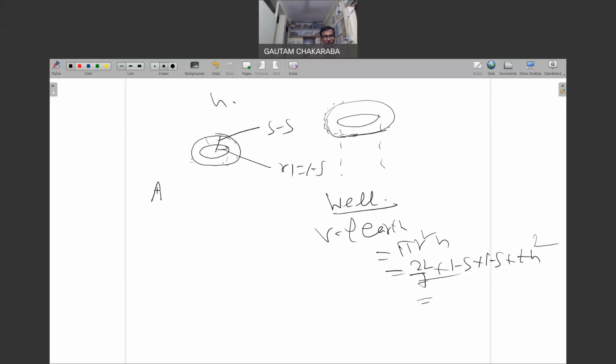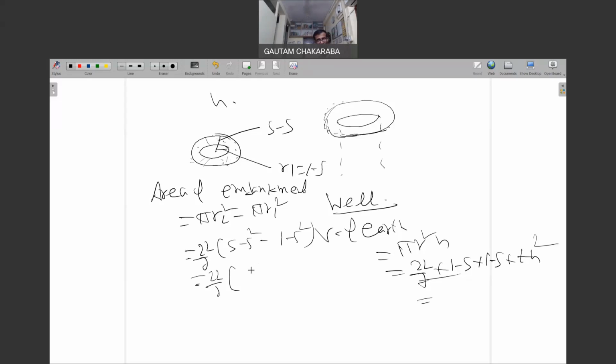At first find area of embankment. Pi R2 square minus pi R1 square. R2 means I take outer radius, inner radius R1. So outer circle minus inner circle, that is mean this area. 22/7, R2 means 5.5. This is 1.5.